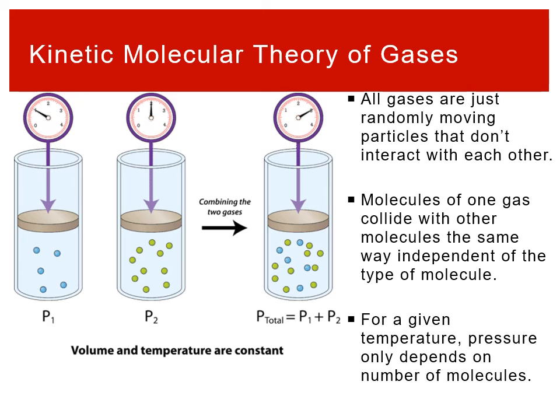If we mix other gases in, because they don't interact with each other, it's not going to affect how those molecules collide with the container, okay? So for a given temperature, pressure only depends on the number of molecules. You're locked in on your speed, so the more molecules you have, the more collisions you're going to get. The collisions are going to be the same strength, there's just more of them. Fewer molecules, lower pressure; more molecules, higher pressure.